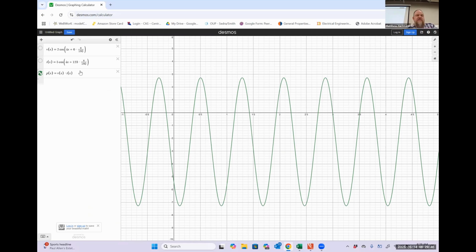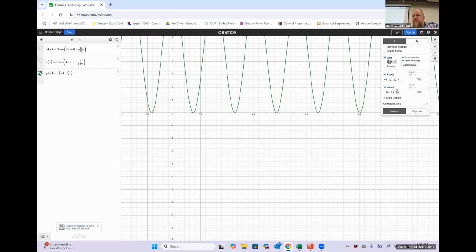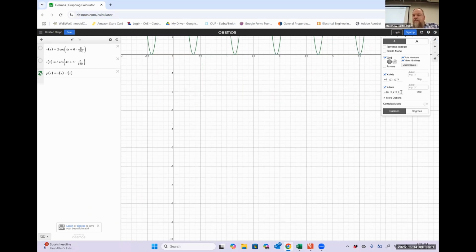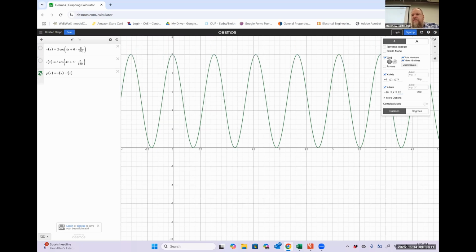So if I change this 123 to 6, let me change my settings real quick, make it go from plus and minus 10. Actually, let me bump this up to positive 12, just so that we can see it a little bit better.